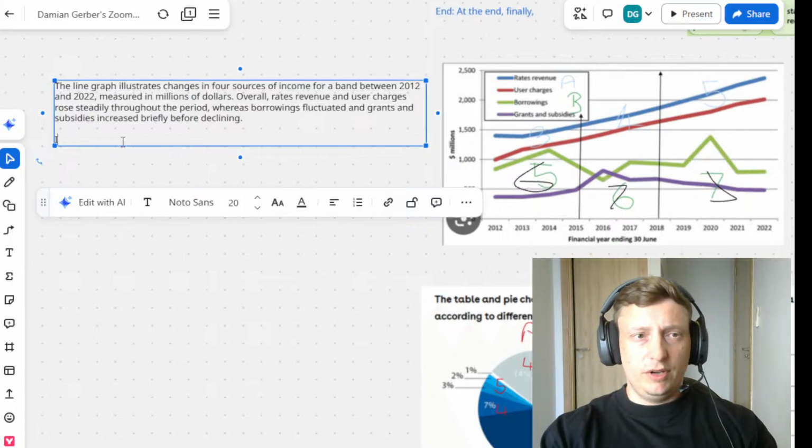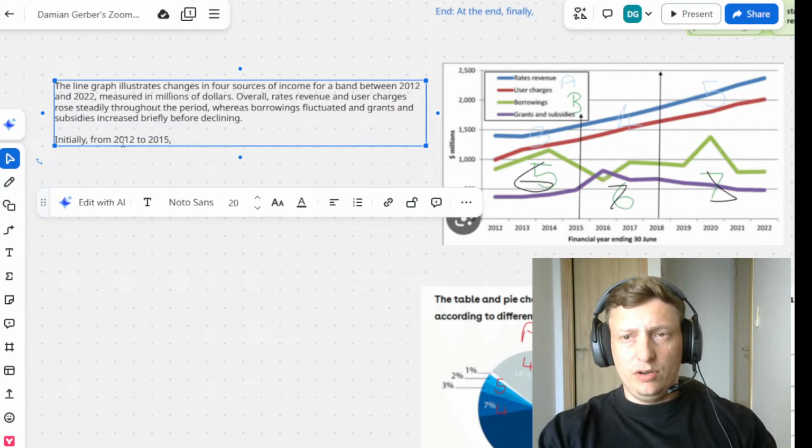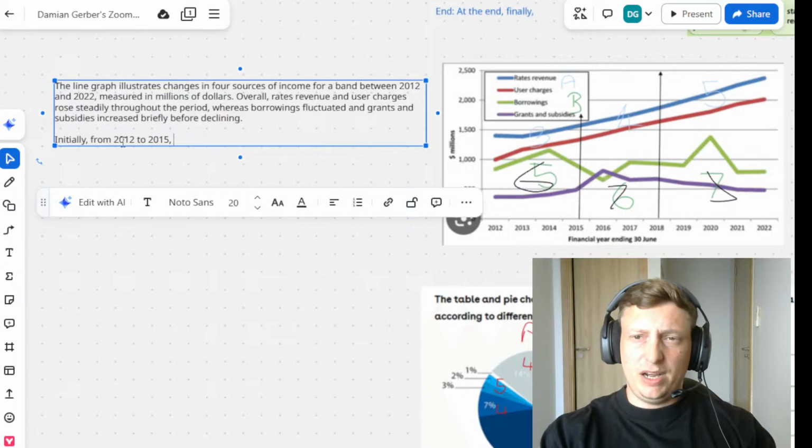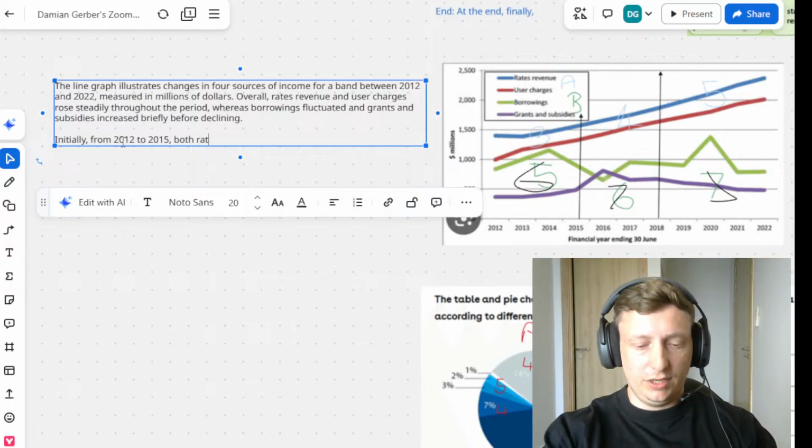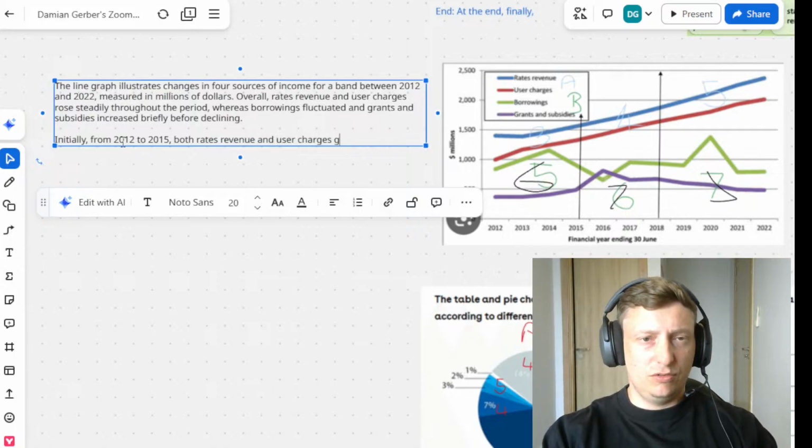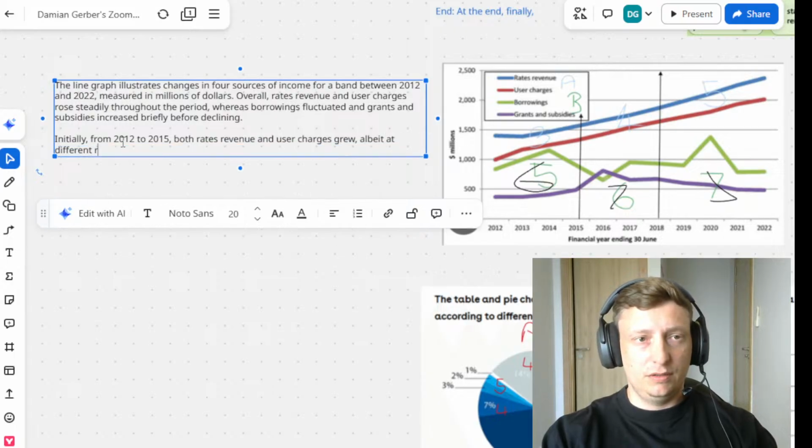So let's start with initially, so we want the data in there from 2012 to 2015. What did they do? So they both rose, but at different rates, right? So that's exactly how we want to write our statement. So we'll say both rates, revenue, and user charges grew, albeit, let's go for albeit, at different rates.